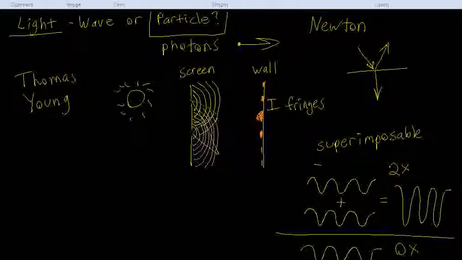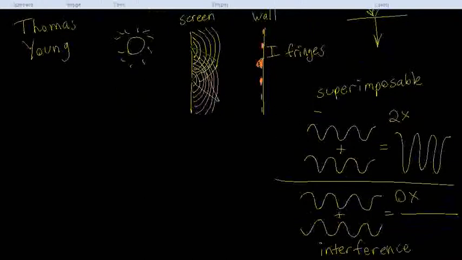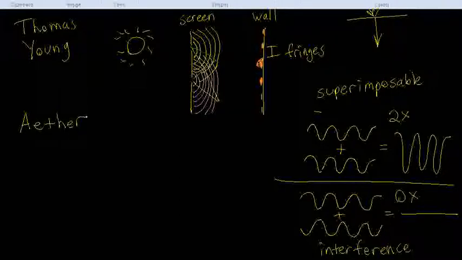So for a very long time everybody said, well, this can only be explained by a wave, therefore light is a wave. A wave of what, though, is what people were still confused about and didn't have a good explanation for. For a long time they said light is a wave that is really just a disturbance in what they called the ether.